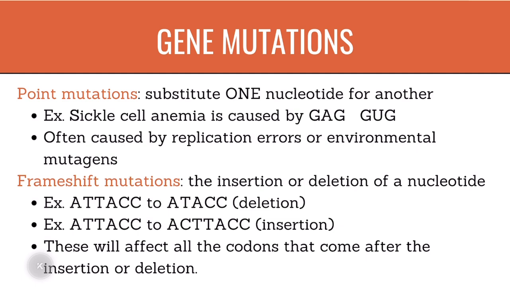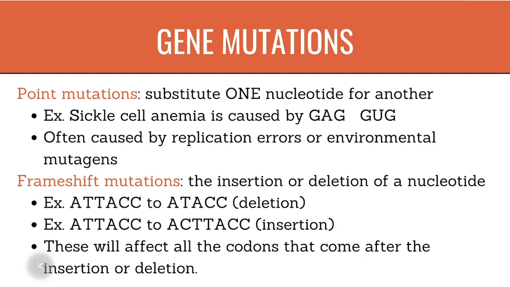So that one difference in a nucleotide base causes the protein to be made and to fold differently, which changes its shape, and we know that shape is equal to function. So point mutations are often caused by replication errors or environmental mutagens within the DNA itself.